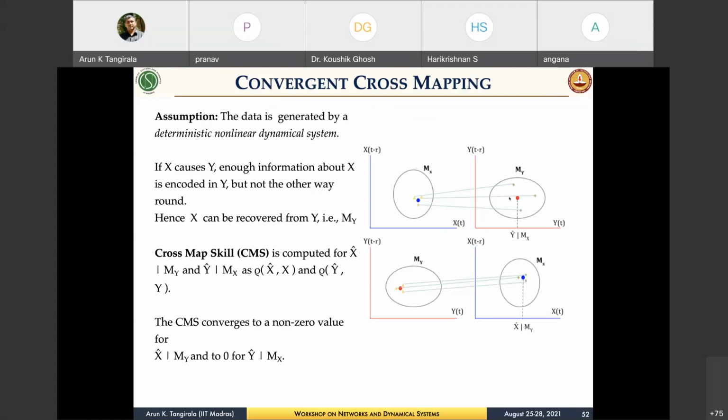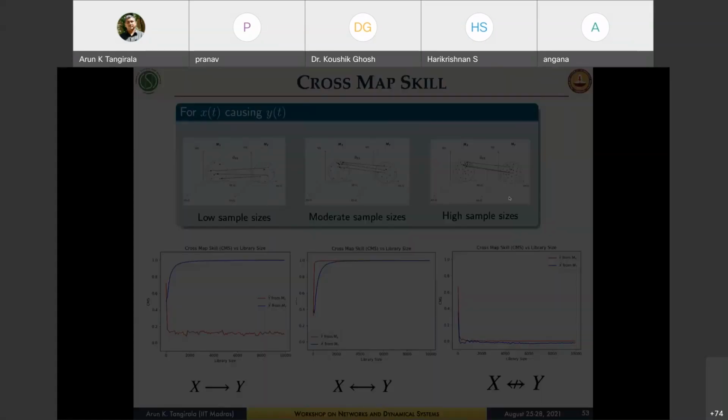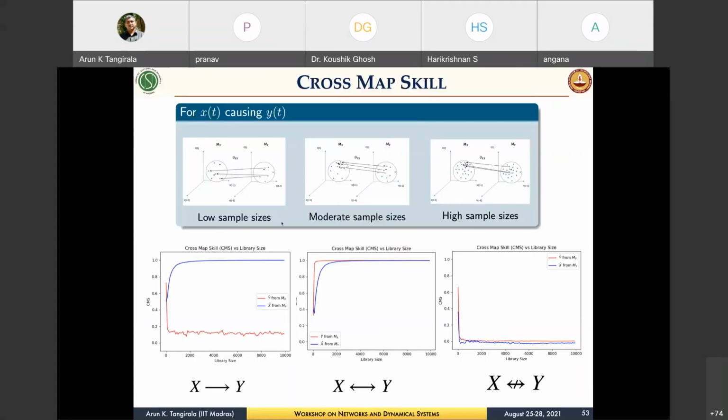Okay, so the idea is, of course, you do not know upfront whether X causes Y or Y causes X. So you try both and then you recover. Essentially, you do this recovery for increasing sample size. As you increase the sample size and recover, you also compute the correlation between the recovered signals and the given time series. That is what is being plotted here.